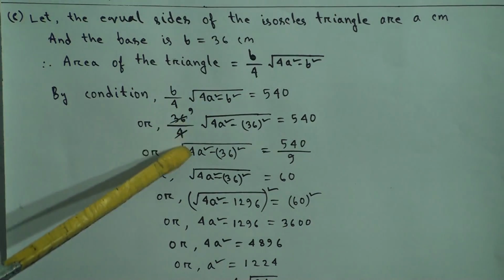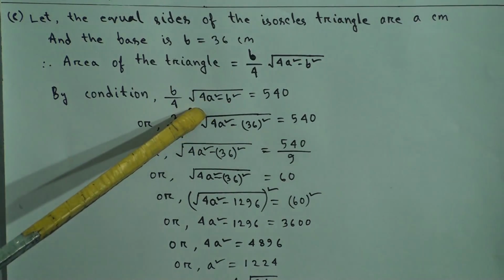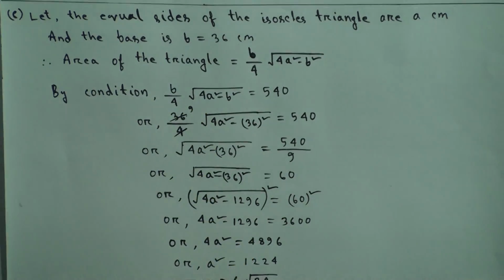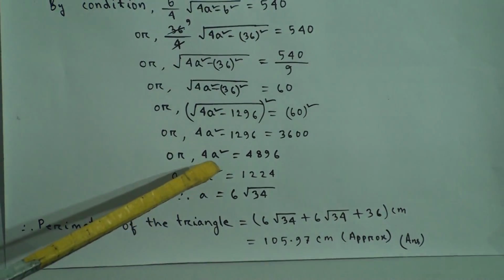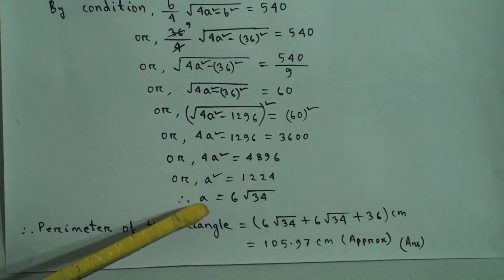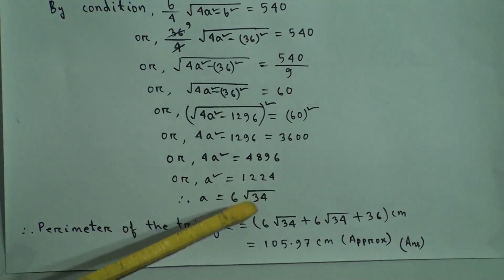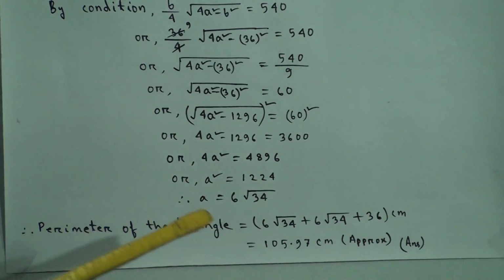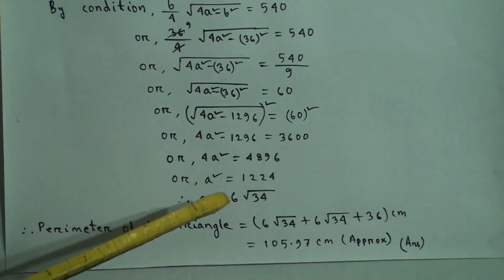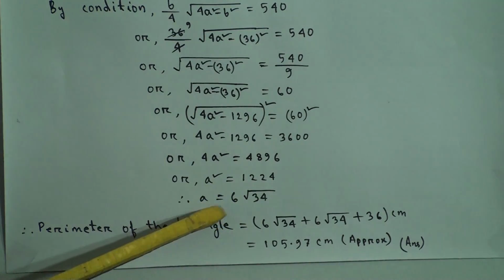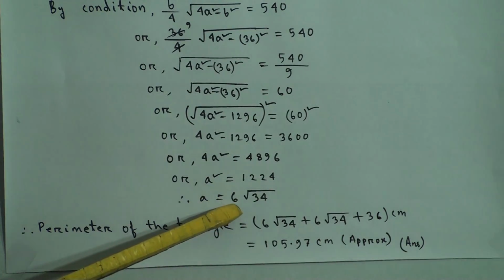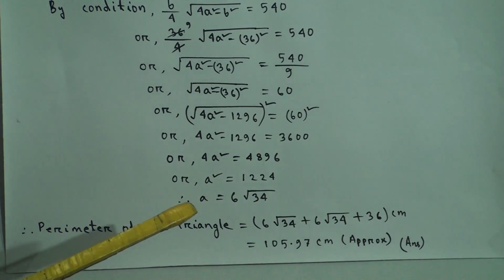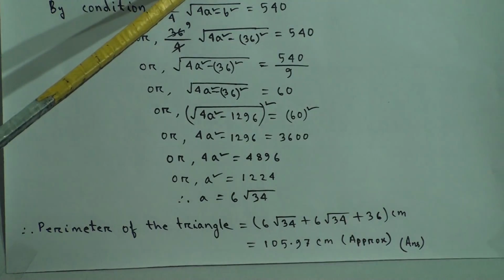So if we cut 36 by 4, then it will be 9. Then after completing simplification, we can get the value of a. Here the value of a is equal to 6 root over 34. Since it is isosceles triangle and its two equal sides are a, so its two sides length will be 6 root 34 and 6 root 34, and another side's length already given, it is 36.